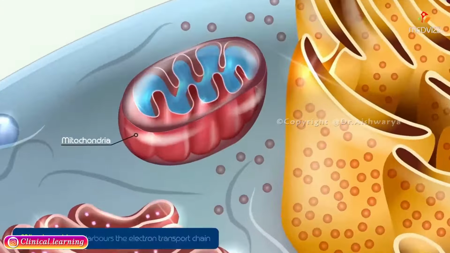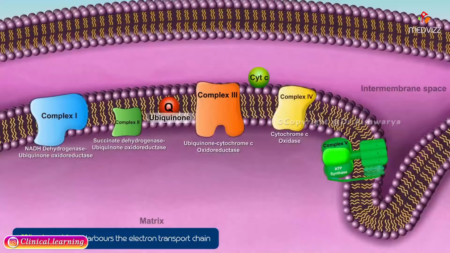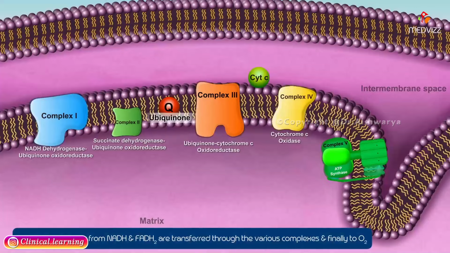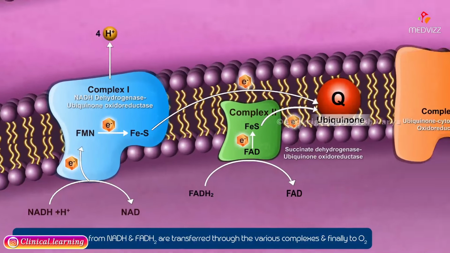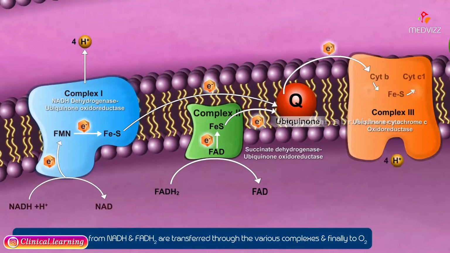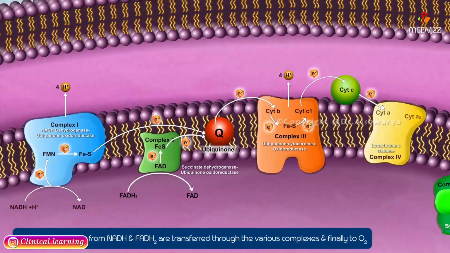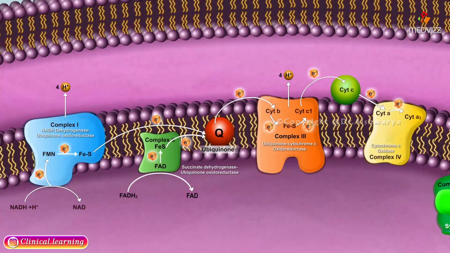As mitochondria harbor the electron transport chain, the electrons from NADH and FADH2 are transferred by various complexes and finally to oxygen. Remember here that once these electrons are transferred to oxygen, oxygen accepts the electrons and produces water.